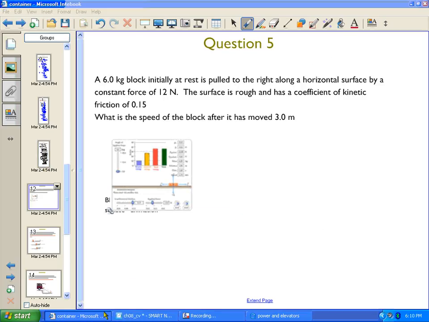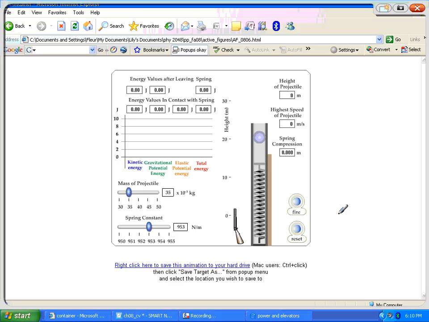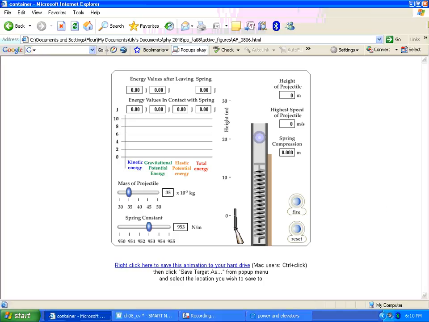Oh, actually, let me go back, and one thing that I forgot is that we actually have an animation, and it may be very nice to see this animation. Let's go ahead and adjust our spring compression here to match the quantity which was given to us, 0.12.